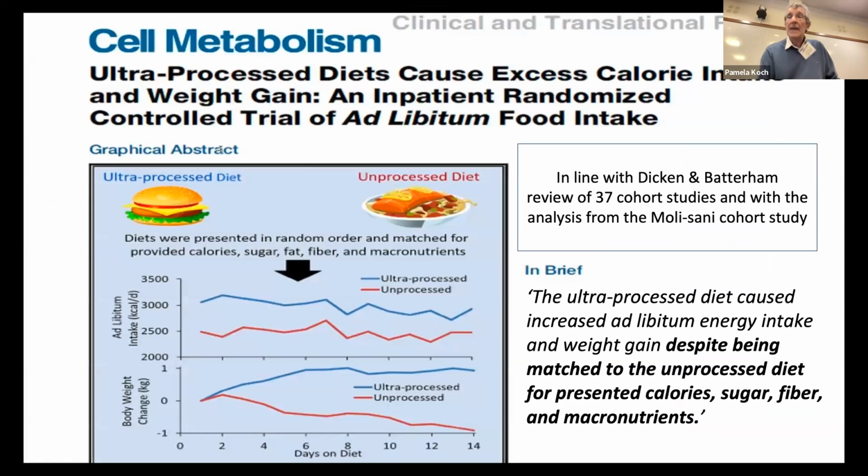Well, and the Kevin Hall trial actually confirmed this. I didn't say this before, but the 20 participants that were in the two diets were matched according to fiber, according to sugar, according to, of course, calories, and macronutrients. So then Kevin Hall, actually, I don't know if you saw some interview with Kevin Hall, but he said when he decided to do this, because he said, well, this NOVA is one of the weakest concepts.